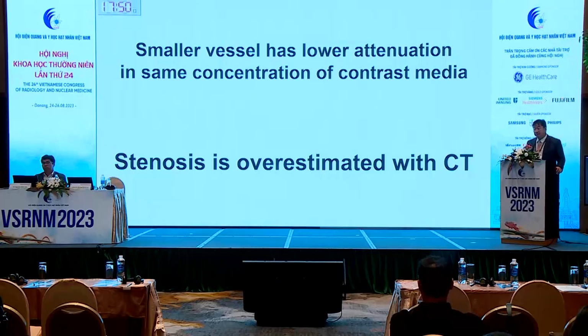We thought that a vessel filled with the same concentration of contrast media would have the same attenuation, but actually not. A smaller vessel has a lower attenuation than large vessels. So stenosis is usually overestimated with the CT. That happens in our daily practice reading of coronary CT angio. CT always overestimates the stenosis.